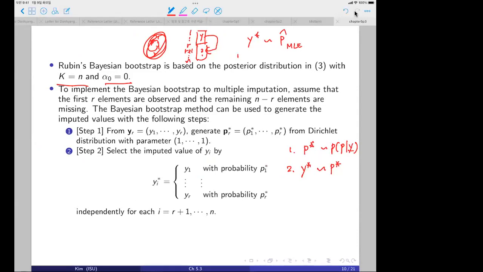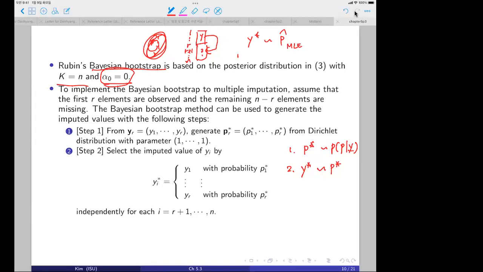From the statement of step one, it seems like it is generated from a trial instead of the theory. Actually, that is Rubin's Bayesian bootstrap, which is Bayesian using alpha equal to 0 as a prior. If you use alpha equal to 0, then the posterior becomes 1. That's interesting.